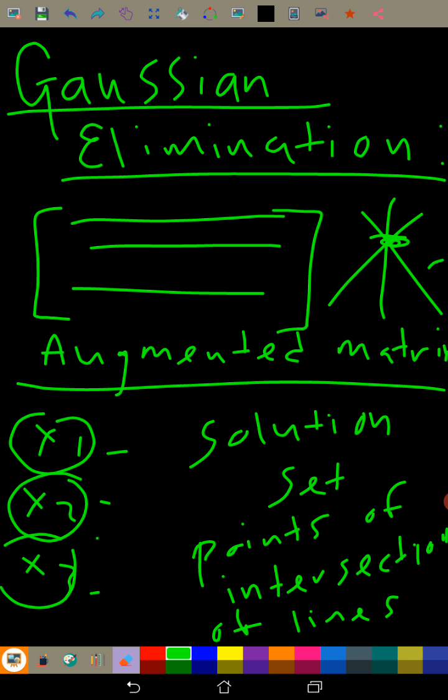But when we have many equations, it's difficult, because maybe one line is here, one line is there, and you have a line intersecting here and there, but it's not going to satisfy all of them.